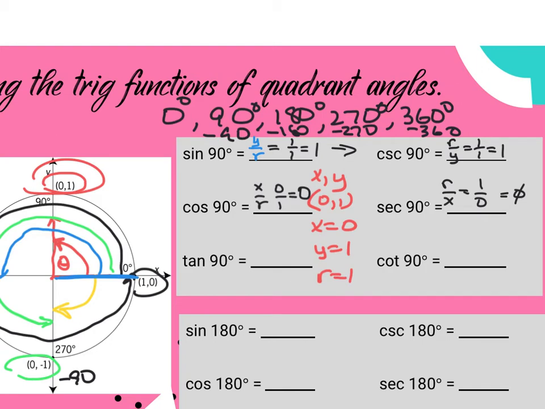So remember, when the zero's in the numerator, it simplifies to 0. When the zero is in the denominator, it's undefined, so it's no solution. For tangent, we're doing y over x, 1 over 0. And again, this one is undefined. Over here, x over y. And this gives me 0 over 1, which simplifies to 0.